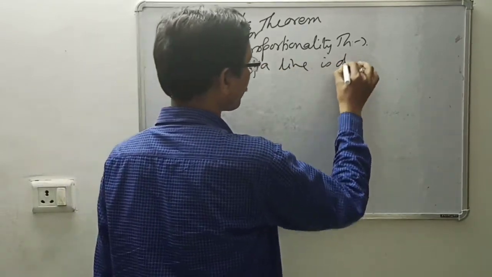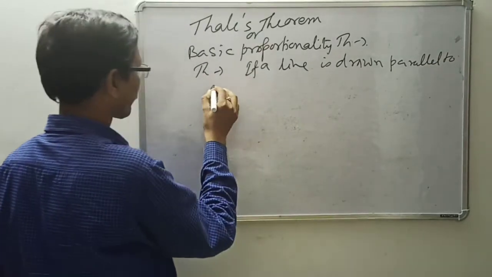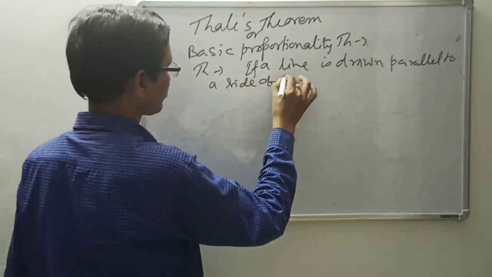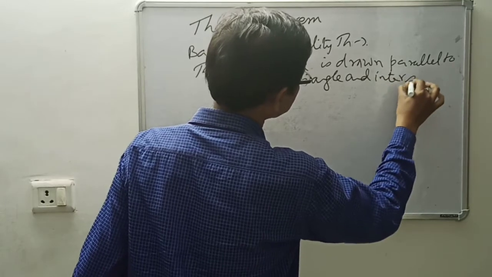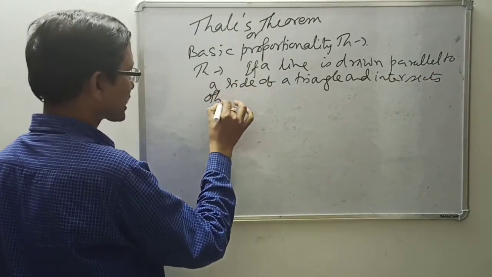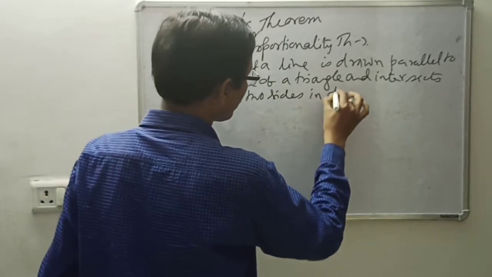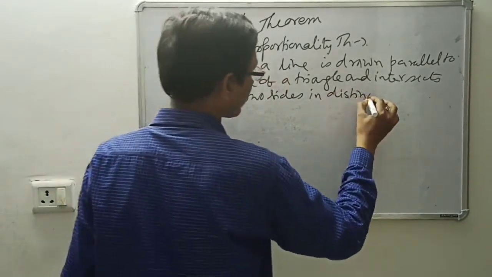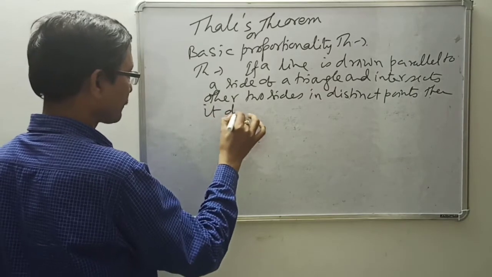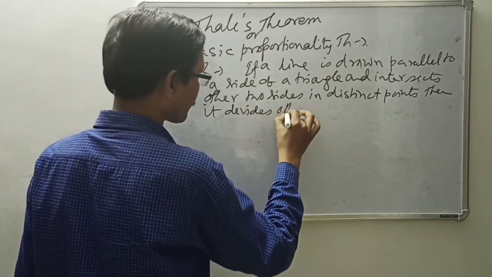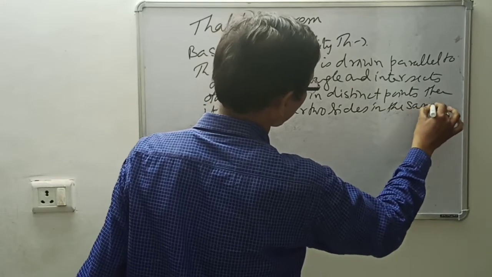If a line is drawn parallel to a side of a triangle and intersects the other two sides, one side parallel means other two sides, in distinct points, means in defined points, then it divides them, means the other two sides, in the same ratio.